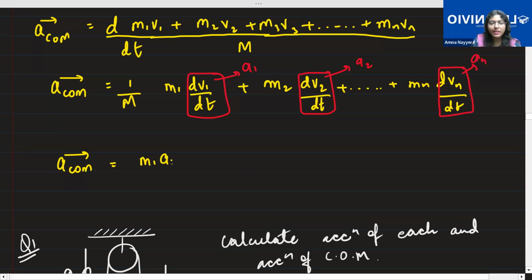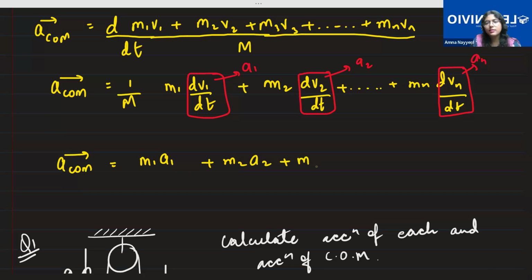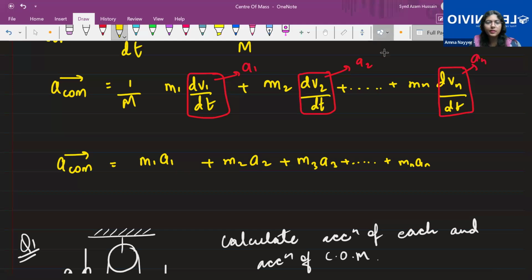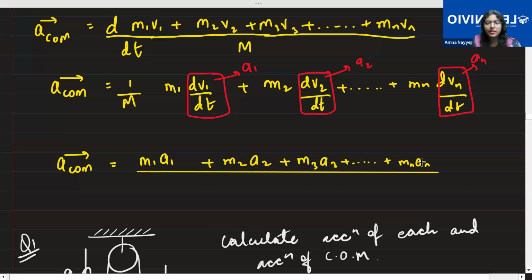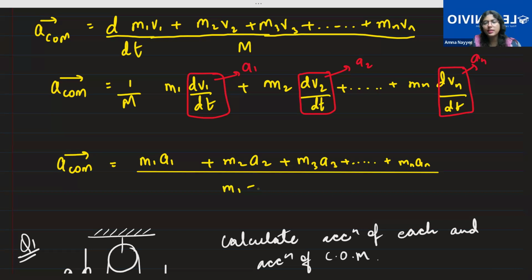So this will be m1a1 plus m2a2 plus m3a3 up till m_n a_n, divided by the total mass m1 plus m2 plus m3 up till m_n.